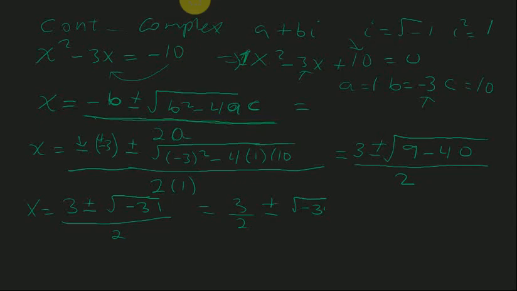So this has to be 31, all over 2. Now we don't need a negative number for complex numbers. So we have 3 over 2 plus or minus the square root of 31.